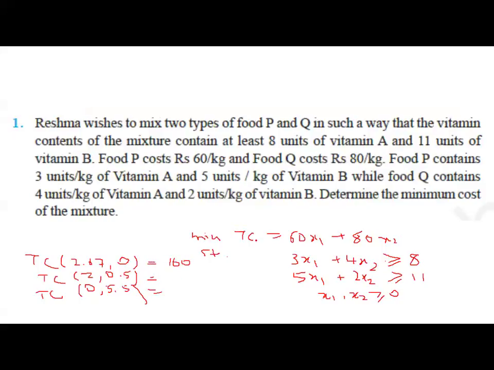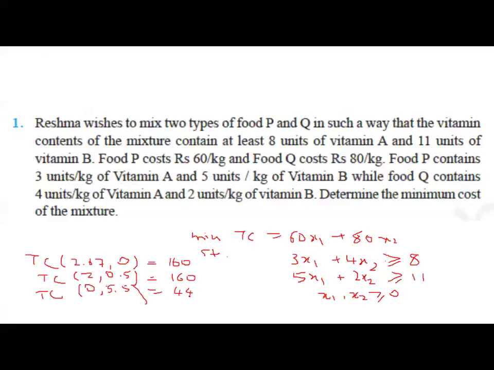In this case, 2 into 60 plus 0.5 into 80, so 120 plus 40 is again 160. And in the last case, 0 into 60 plus 5.5 into 80 is how much? 440.